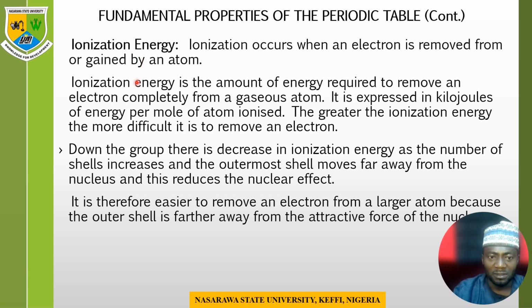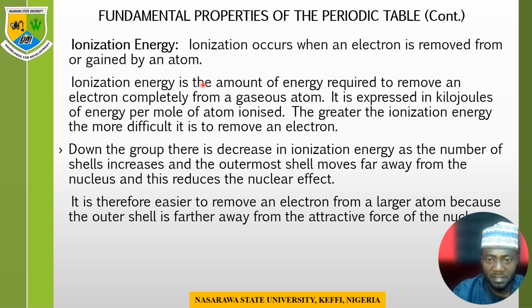For example, if a sodium atom loses an electron, it becomes a sodium ion, carrying a positive charge, that is +1. Then if chlorine gains an electron, it will carry a minus charge. It means it has acquired an electron. And by the time they acquire or lose electrons, they become an ion. And that is what we mean by ionization.